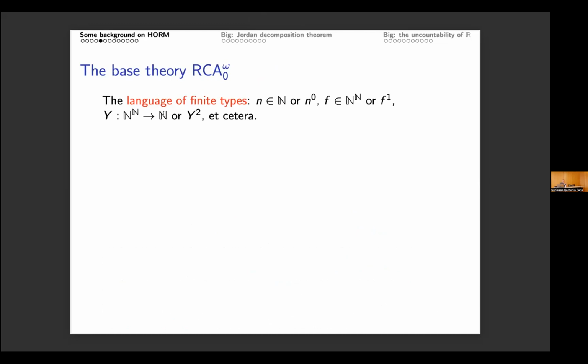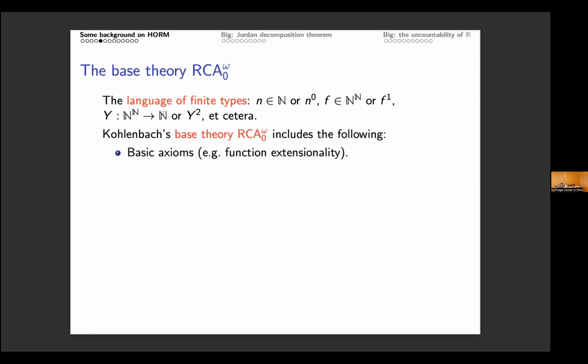And once you have that, you can define mappings from Baire space to Baire space, and so on. So, of course, there's more. There's fourth order, fifth order, but we'll just be talking about third order today. Third order really means mappings from Baire space to Baire space, or Baire space to N. And then, of course, you can have functions on the reals.